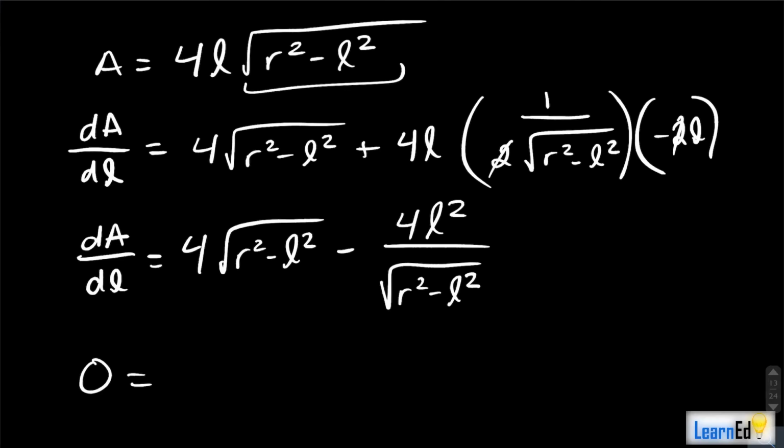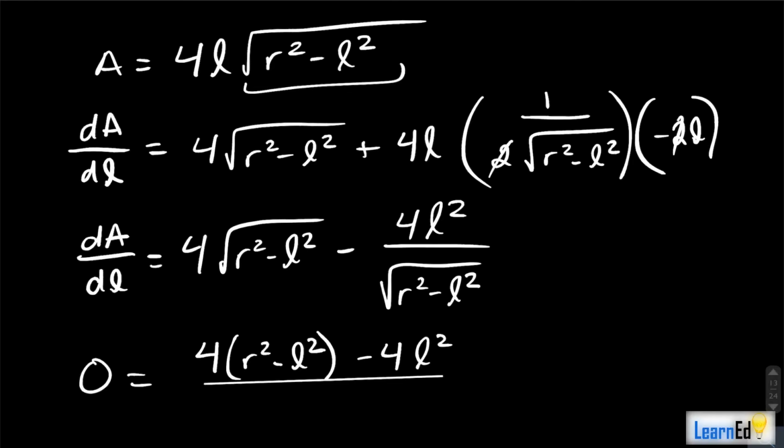Our common denominator would just be the square root of r squared minus L squared, right? So we multiply by that square root on top and bottom, and we end up getting just 4 times r squared minus L squared on the top, because when you multiply that radical by that same radical, you just get the value that was in the radical in the first place.